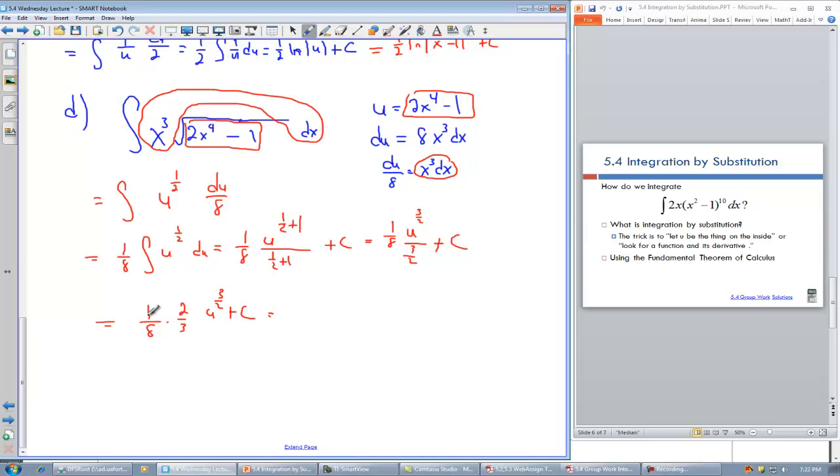The 2's will cancel here, so if I cancel this with this, I get 4, and so this is going to be 1/12, 4 times 3, u to the 3/2 plus c, and I plug back in for u, so u's 2 times x to the 4th minus 1, so I have 1 over 12, times 2x to the 4th minus 1, all raised to the 3/2, plus c. And that's my answer.